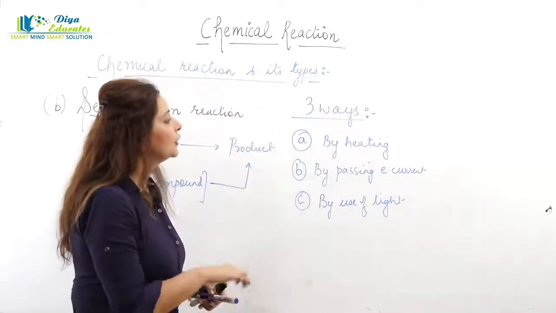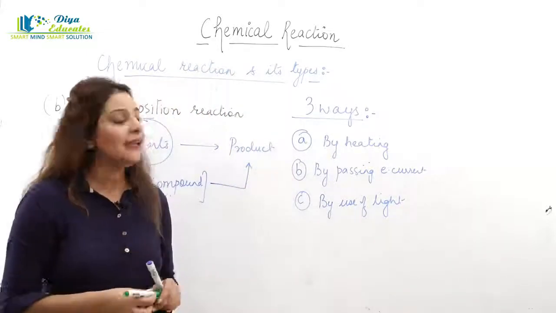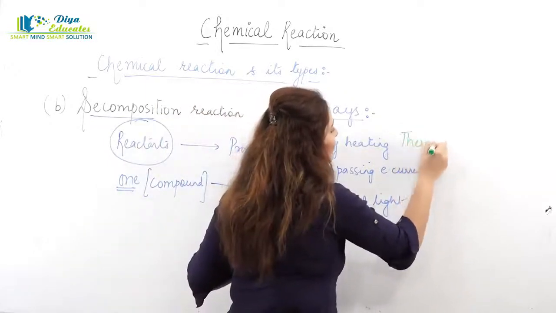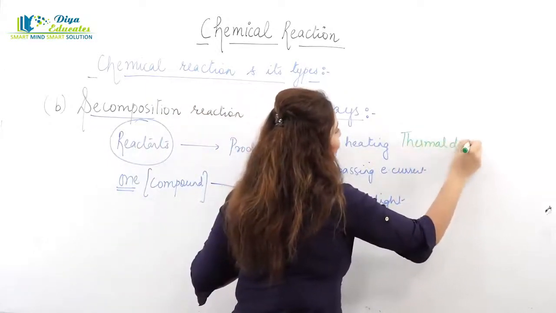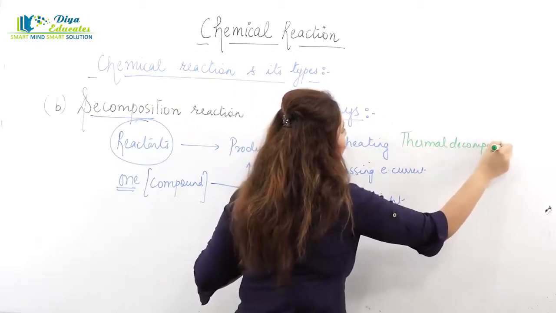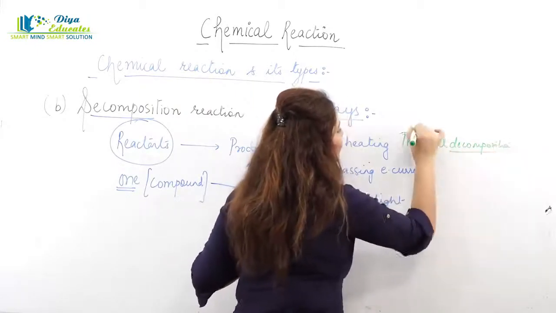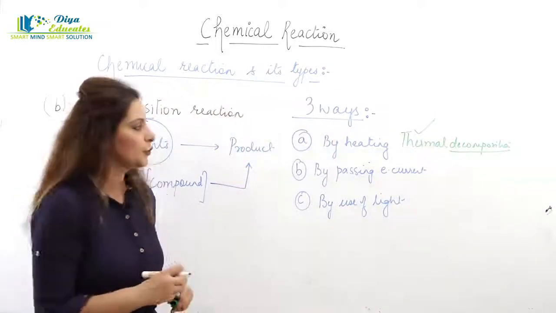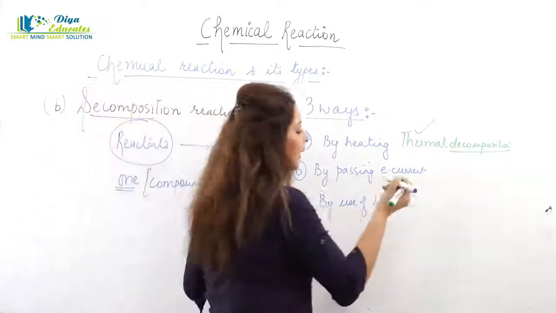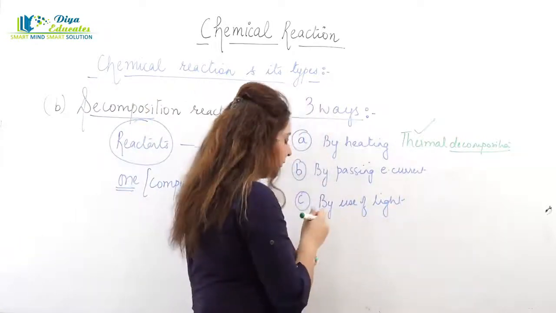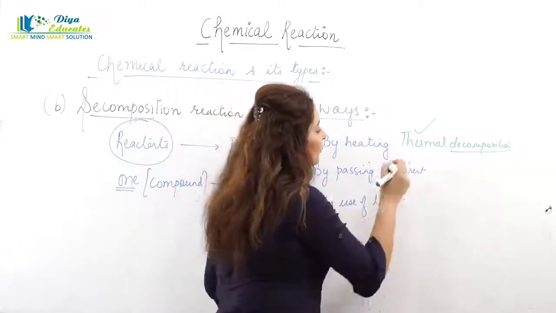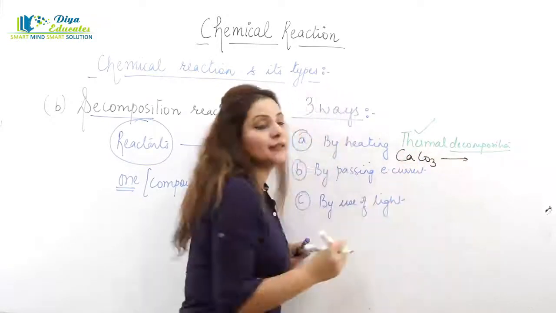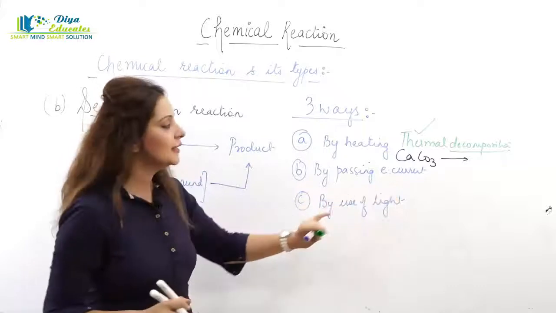If the decomposition reaction is occurring by heating, it is called thermal decomposition, because we know that thermal means heat. For example, I'm taking calcium carbonate, that is limestone. This is one compound on the left hand side.